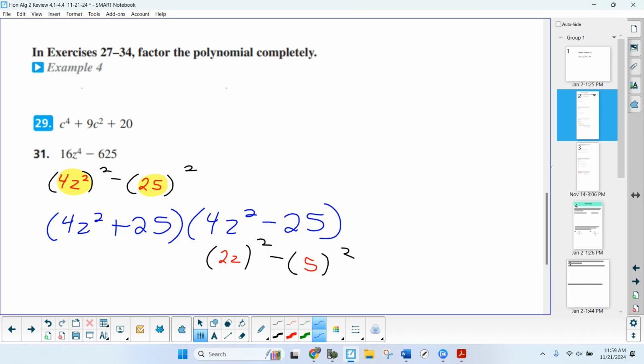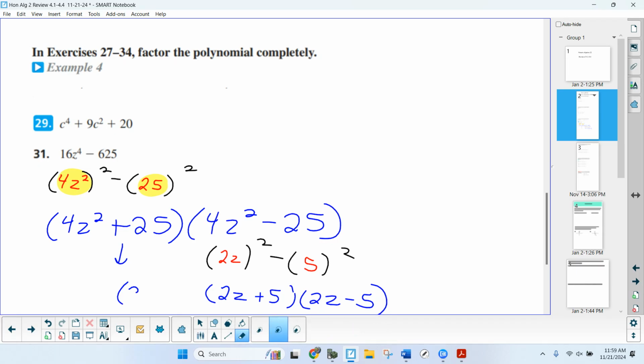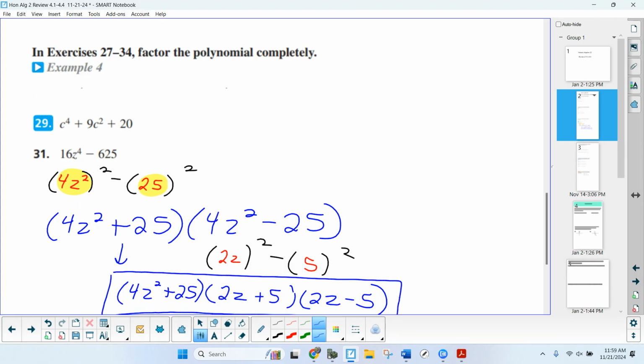So now this one factors into a plus b, a minus b, so it's 2z plus 5 and 2z minus 5, and then don't forget to bring this factor down. Don't lose that factor that you already did up there. It's 4z squared plus 25. Now, the back two are linear. The front one is a sum of squares, not a sum of cubes. So we're done.